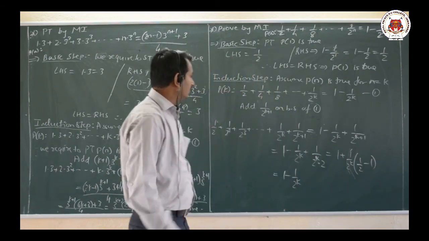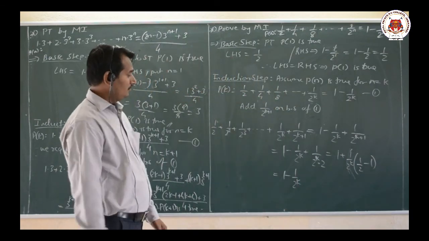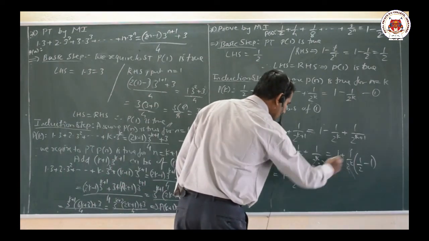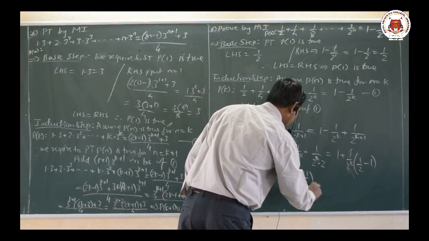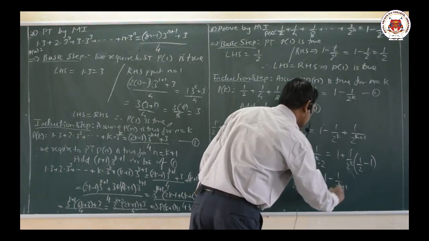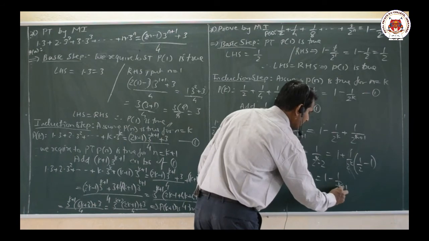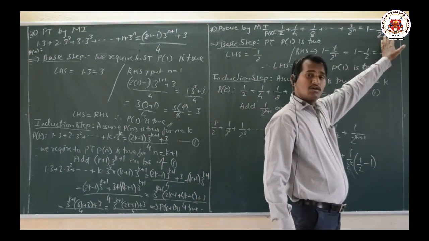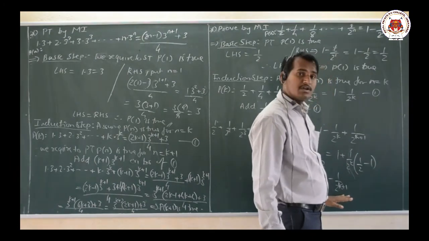That is nothing but half minus 1, that is nothing but half, which is equal to 1 minus 1 divided by 2 raised to k plus 1. That means here in the RHS part, in the place of n, we had shown that we got k plus 1.